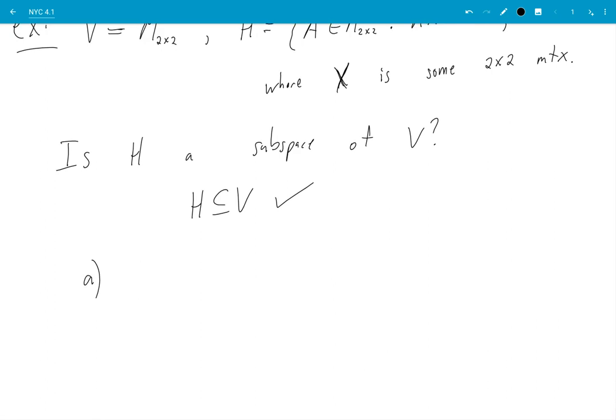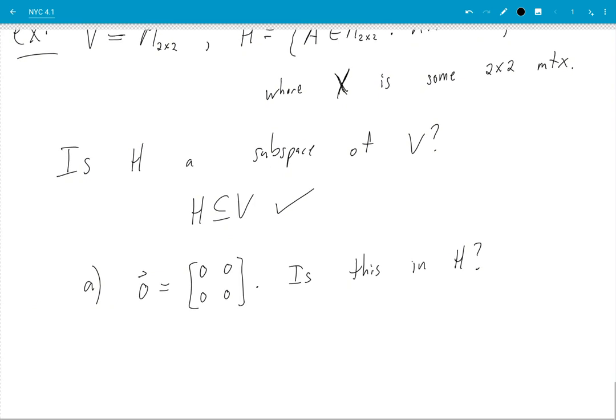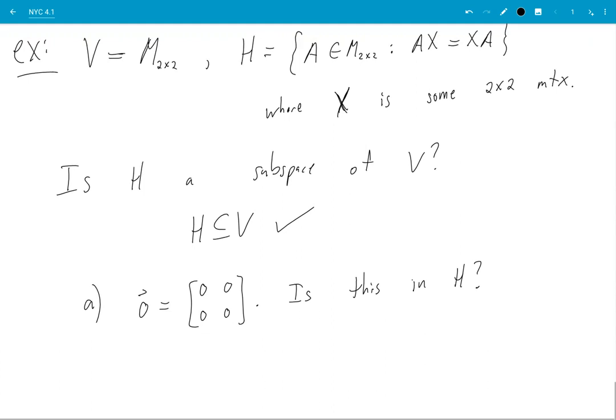The 0 vector. Okay, the 0 vector in this case is the 2 by 2 zero matrix. So, is this in H? Okay, so I look at the zero vector in V, which happens to be this guy, and I ask, is that in H?